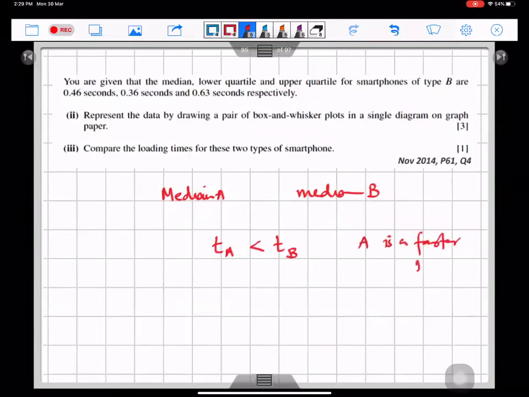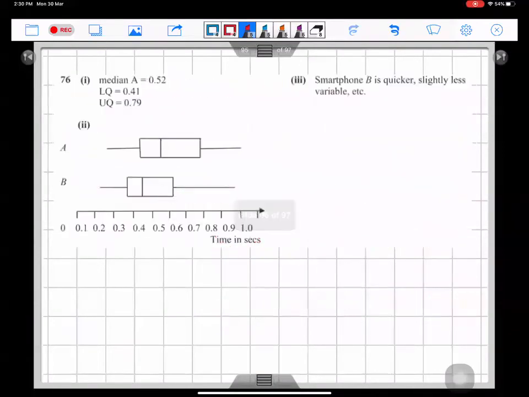We are not talking about any other feature of the smartphone. We are just talking about the time, and that usually translates into smartness and speed. If it's the other way around, time of A is greater than time of B, therefore B is a faster phone. Now let's see what it says.